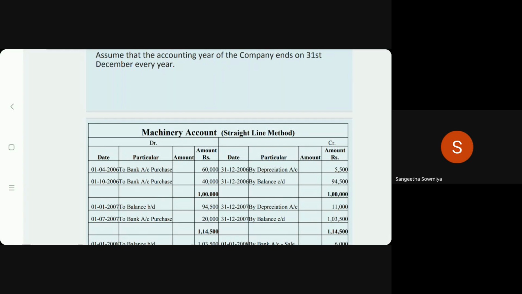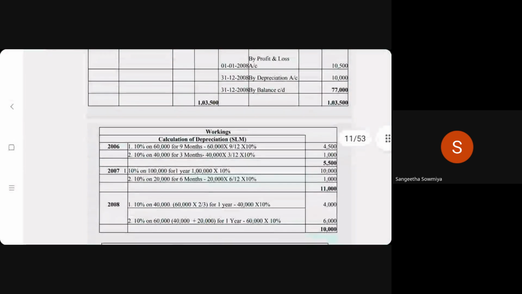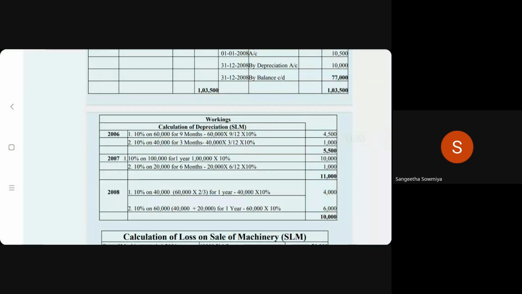Now you utilized it only for 9 months. So 6,000 into 9 months, you have to calculate and write it, 4,500 in the outer column. See here, the calculation I have given. 10% on 60,000, 9 months it is given, that is 60,000 into 9/12 into 10%, that is 4,500.